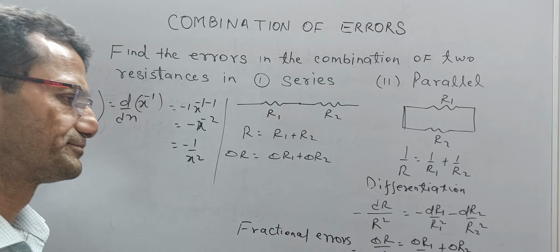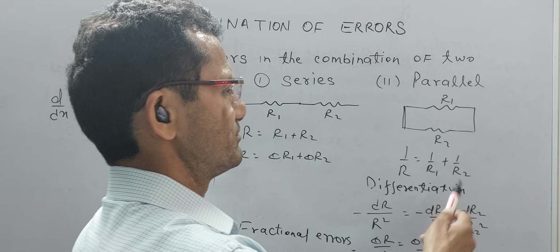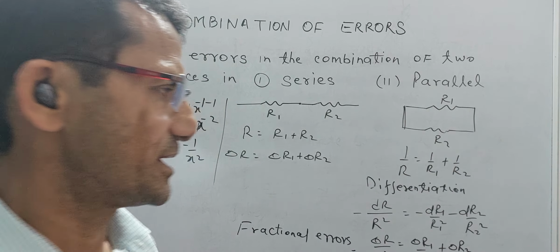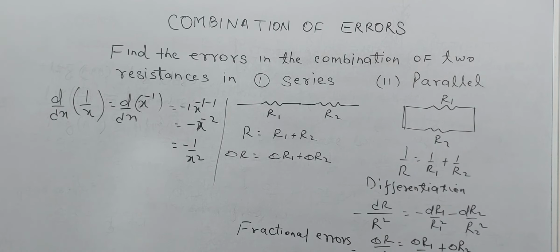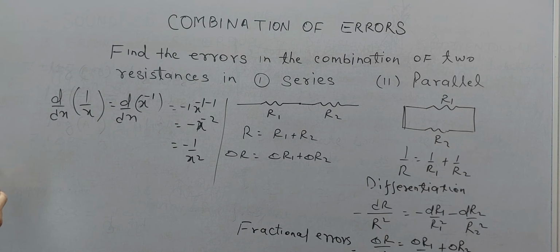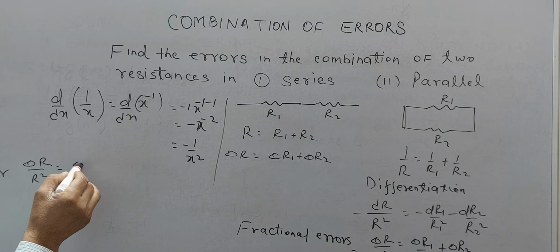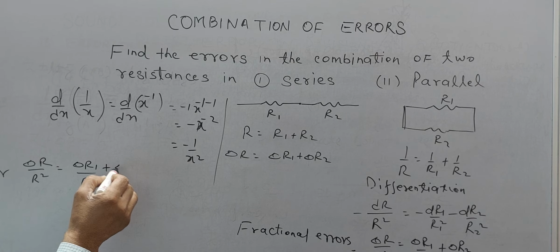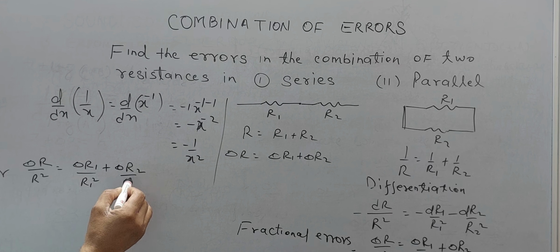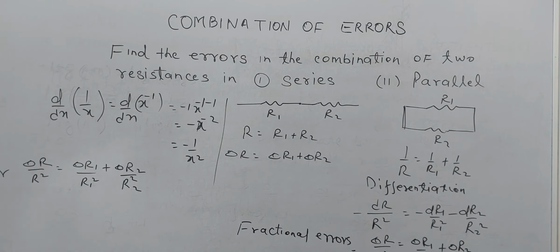So this is the formula for finding the errors when the resistances are in parallel. We write delta r upon r square is equal to the absolute error in r1 upon r1 whole square plus delta r2 upon r2 whole square. This is our relation for finding the errors when the resistances are in parallel.